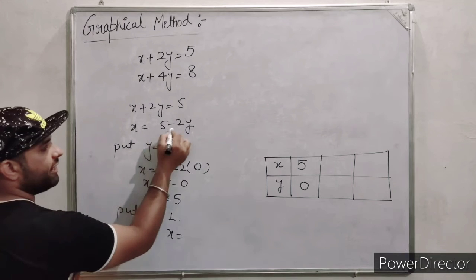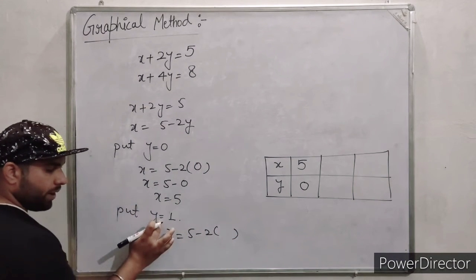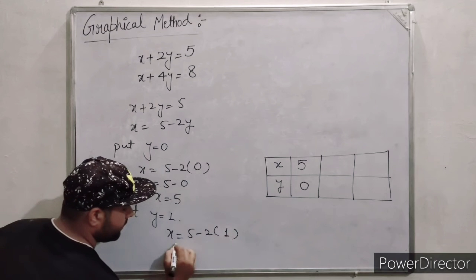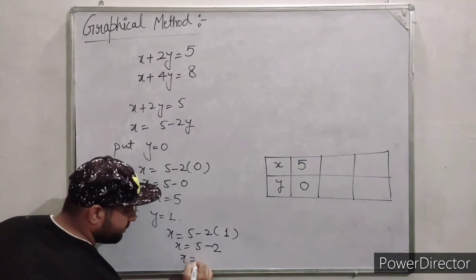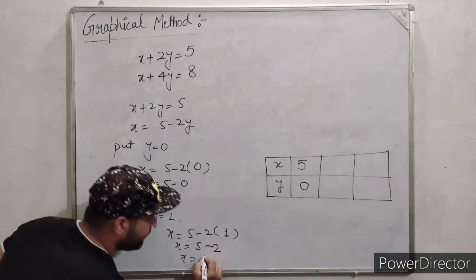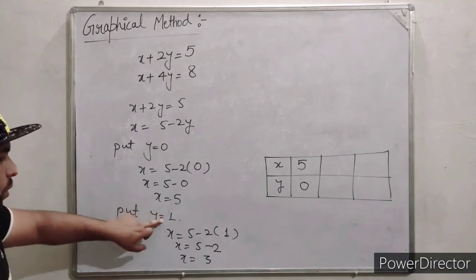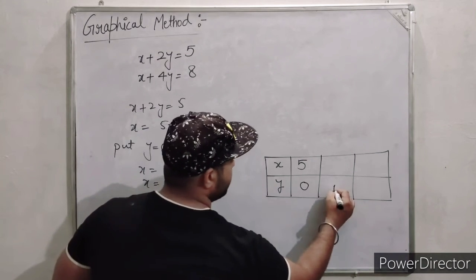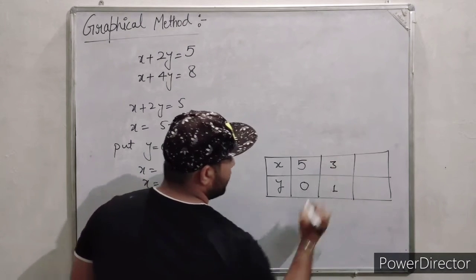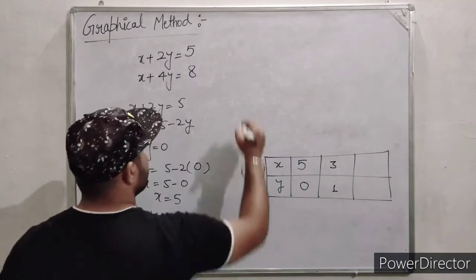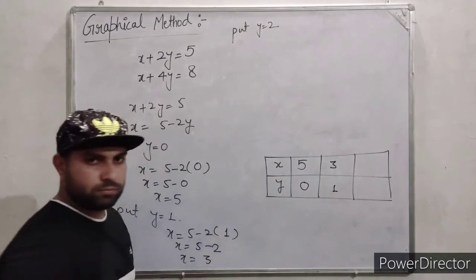Now put y is equals to 1. x is equals to 5 minus 2y. y is 1. 5 minus 2 into 1, 2. x is equals to 5 minus 2, 3. So whenever I put y equals to 1 in this equation, I get the value of x as 3. And one more time, put y equals to 2.